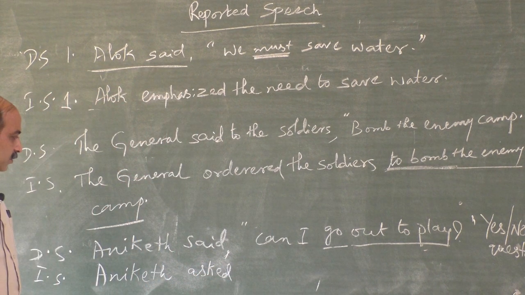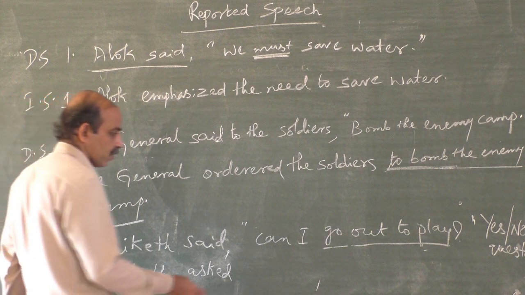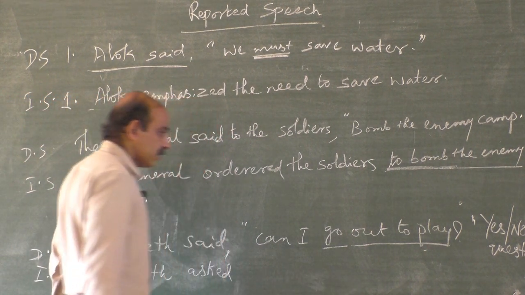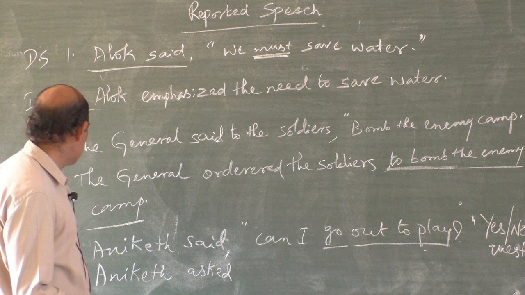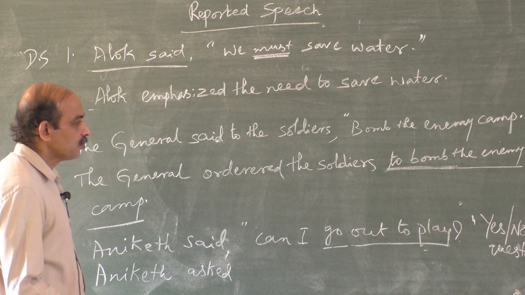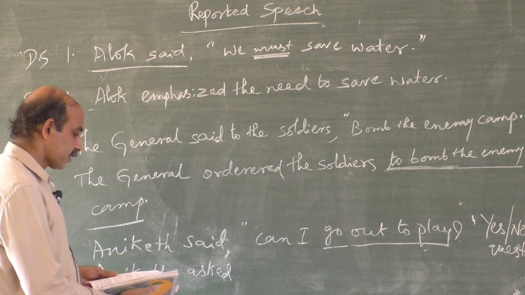And after that, after "Aniket asked", it requires a conjunction, because that is the method that is available or required to change a yes or no question into reported speech, which is also called indirect speech.